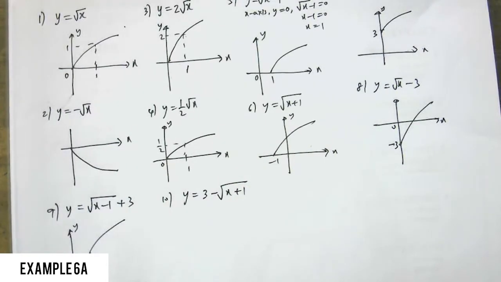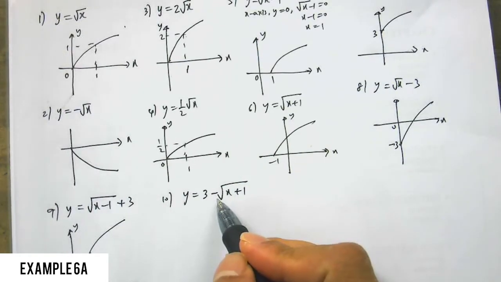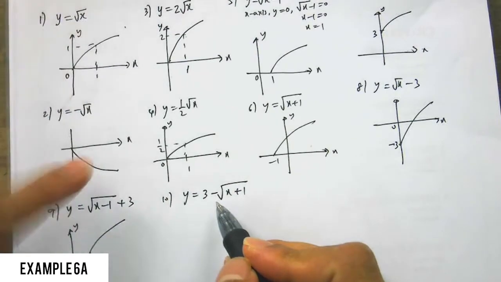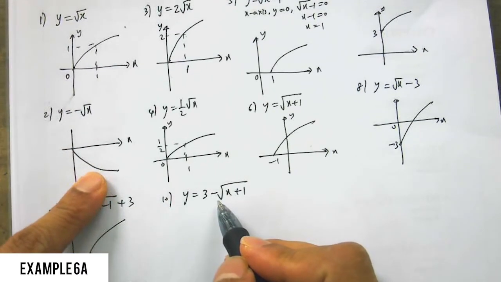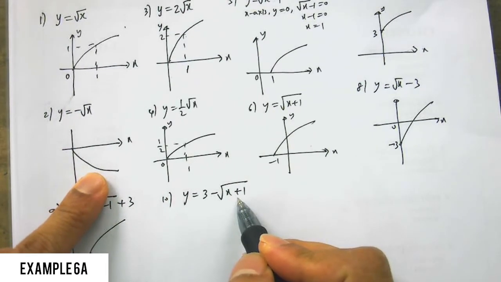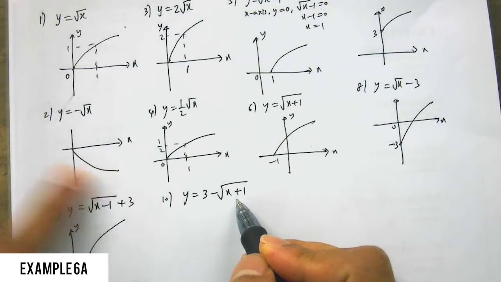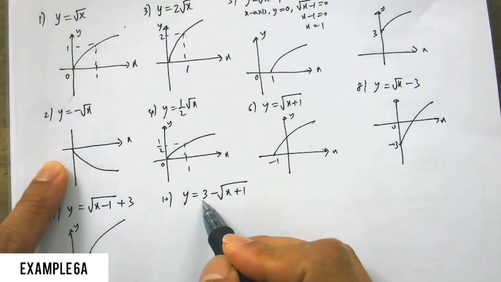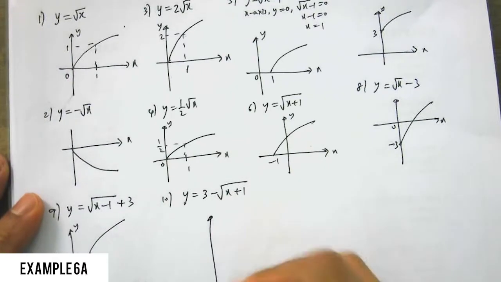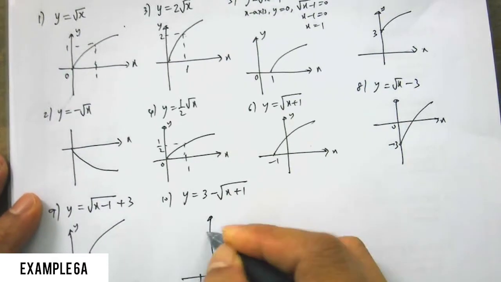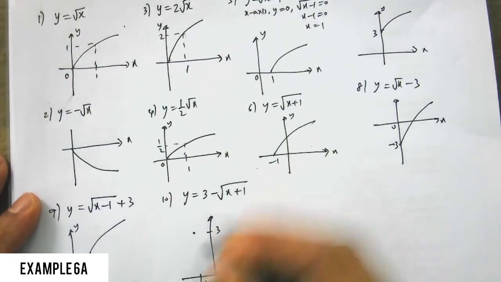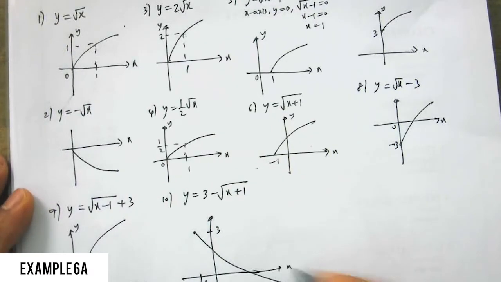This is interesting. The negative here means you reflect down on the x-axis. Then the plus 1 means I shift to the left by 1. The 3 means you shift up by 3. So it looks like this, shifted by 1, shifted up by 3, but instead of going upwards, it goes downwards.